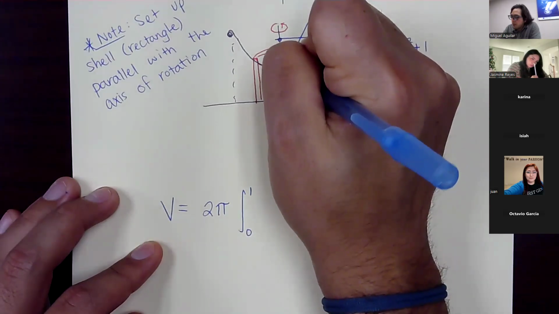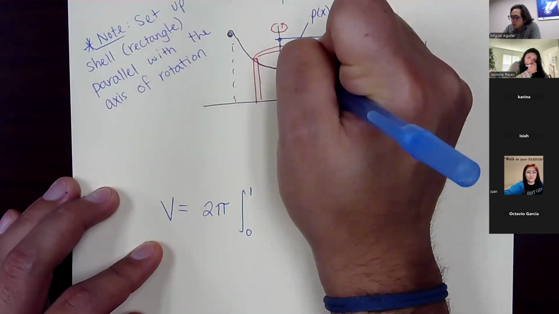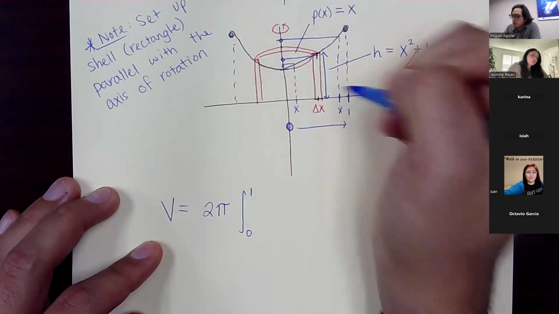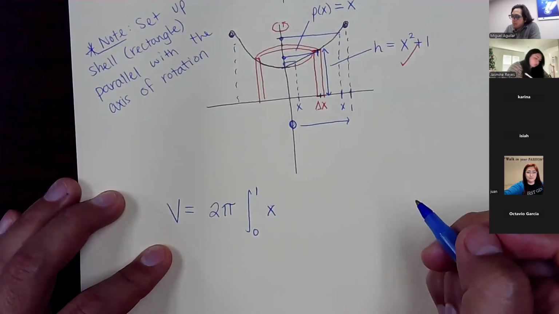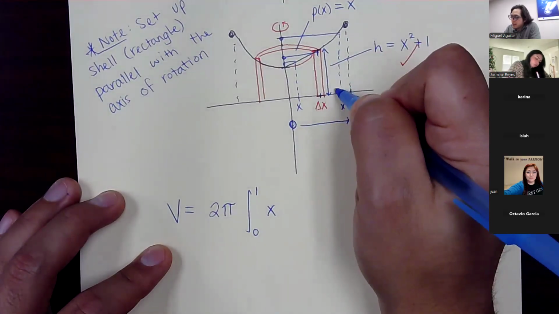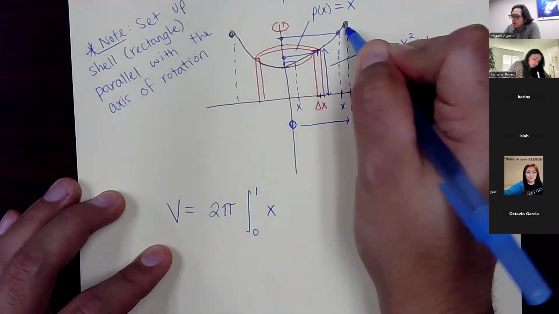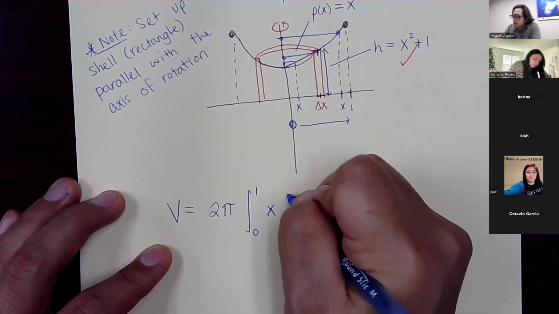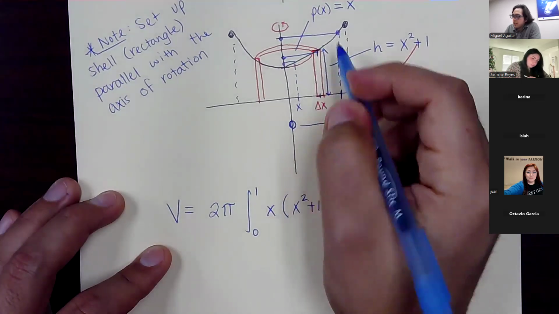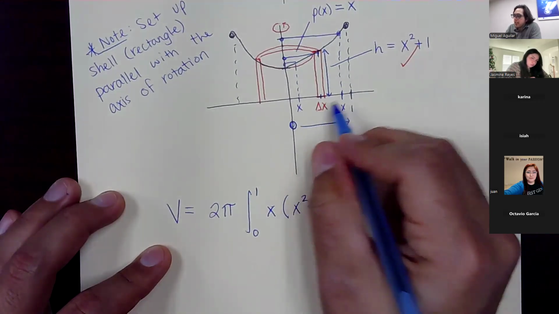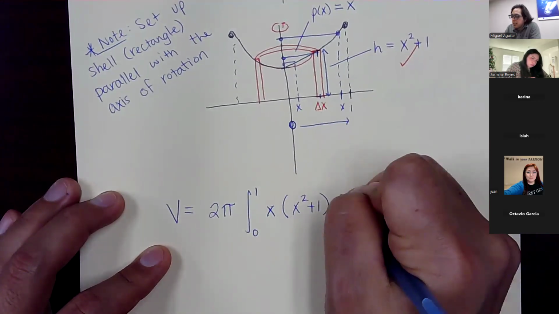And if I had a radius that was a little bit closer, then it would just be some arbitrary x value, and that's why the radius is just x. And then the height is going to be wherever we're stopping on the function itself. So times the height, which is x squared plus 1. And then the thickness is the delta x, but as an integral, we write that as dx.